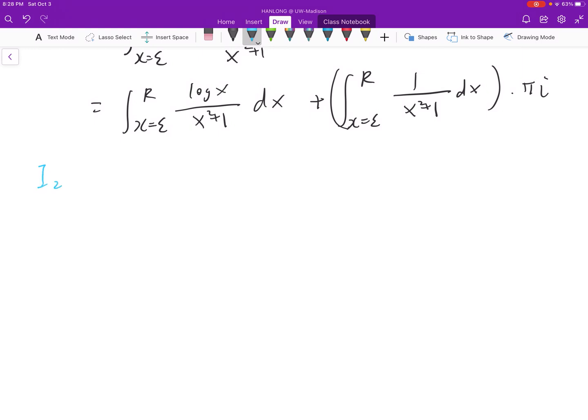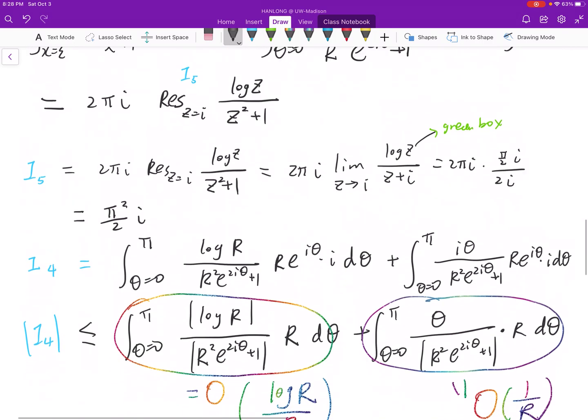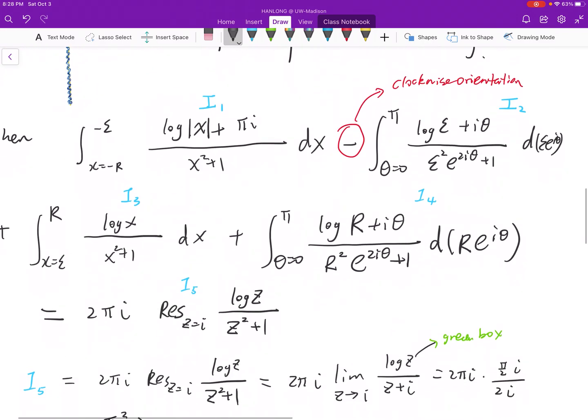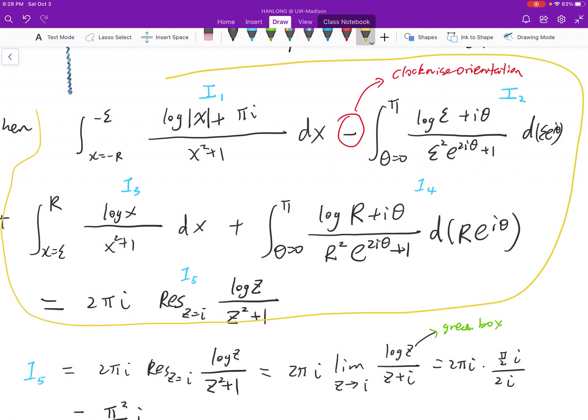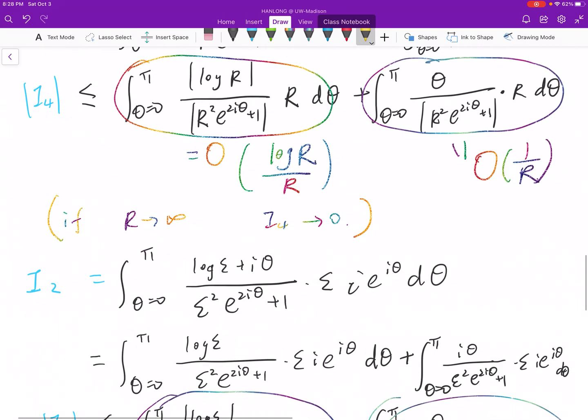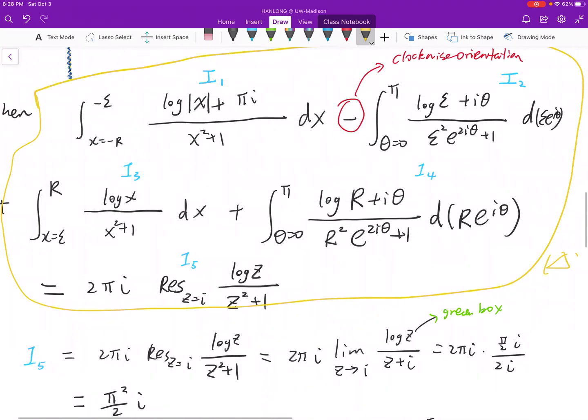And I3 is just the integral from epsilon to R of log x divided by x squared plus 1 dx. So the whole formula here implies that, let's denote this by delta.